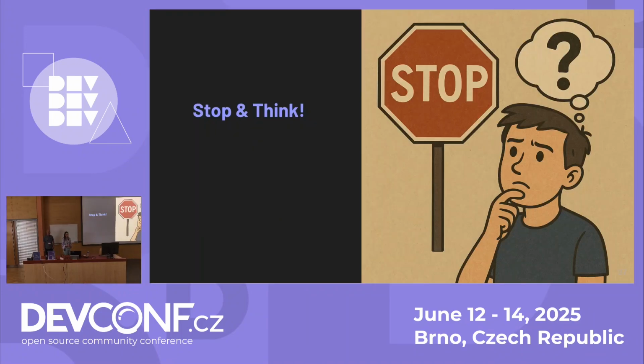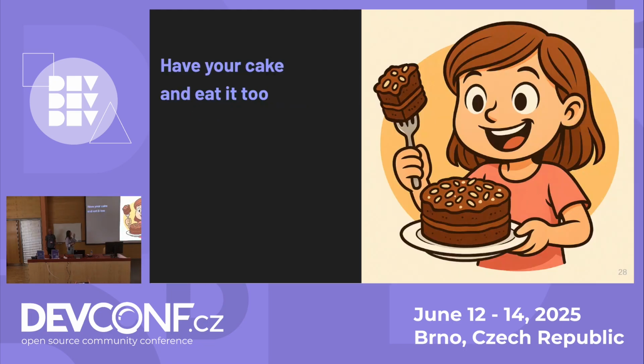So we understood that we need to stop and think about what should be done differently, because we are in a situation where we get free, really good contributions from the community of things that we need, but we cannot approve them. So basically, what we wanted is to have our cake and eat it too.